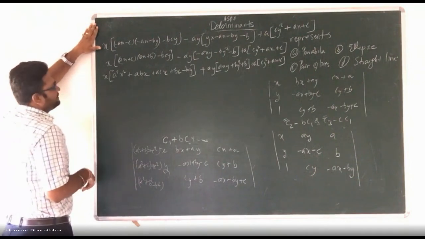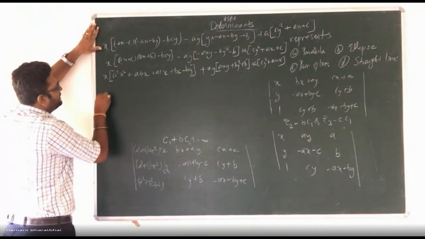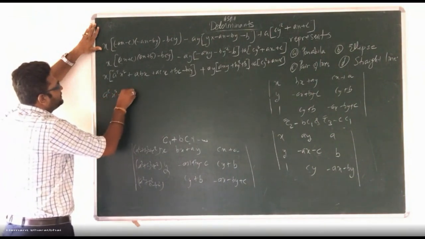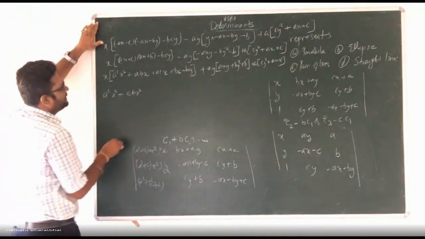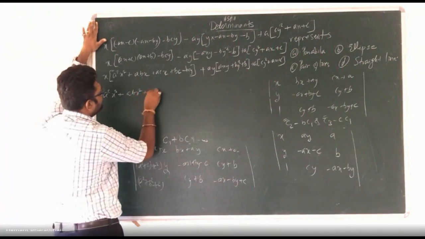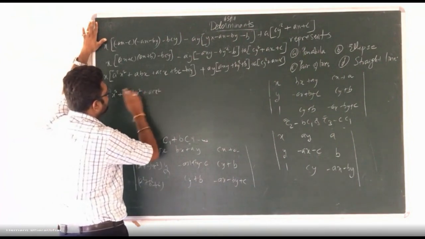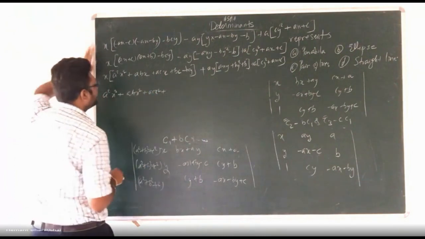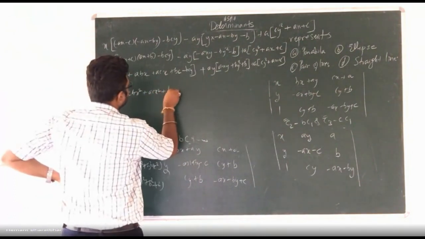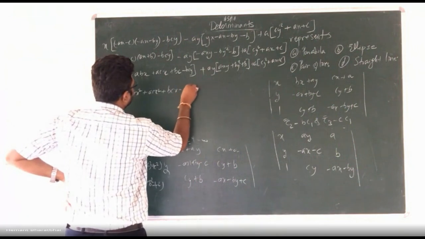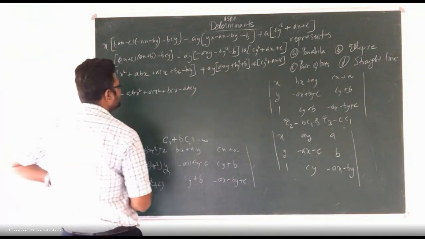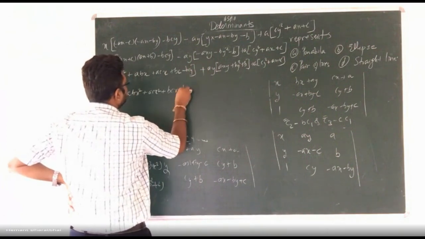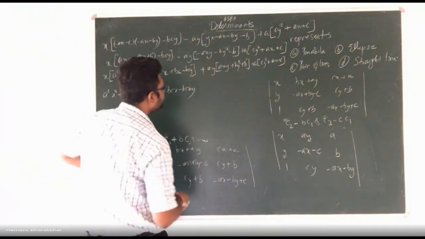So now if I multiply x inside, I'll get a square x cube plus abx square plus acx square plus bcx minus abcy, sorry, minus bcxy.